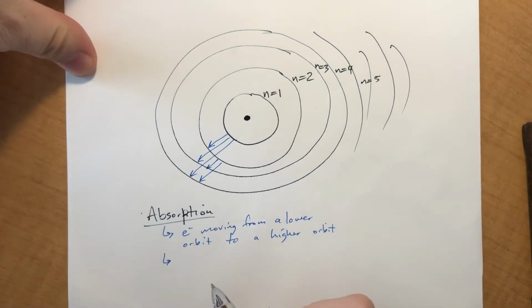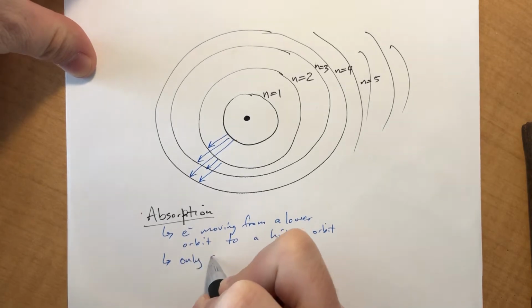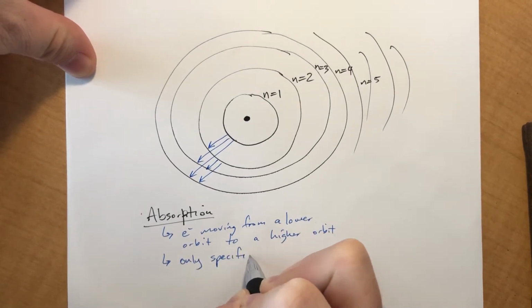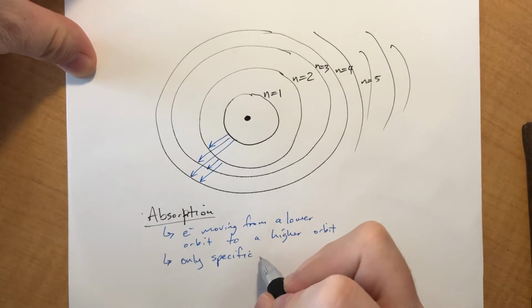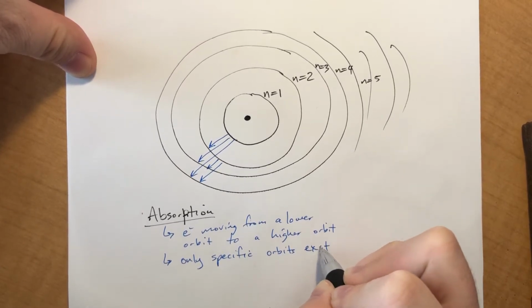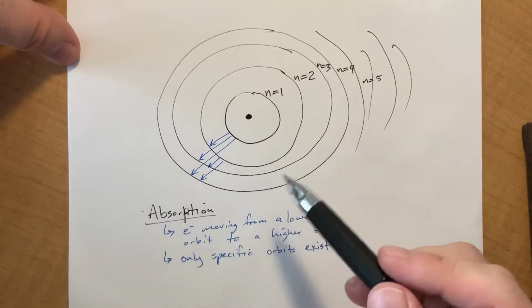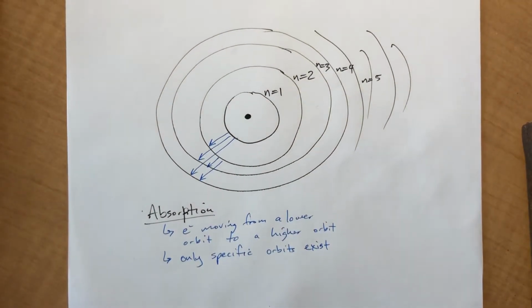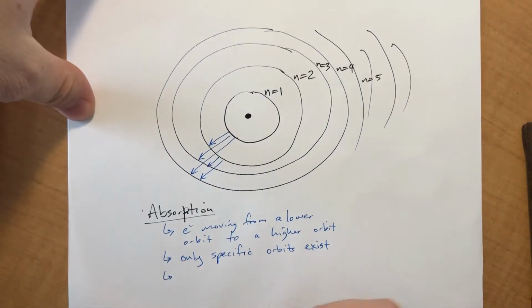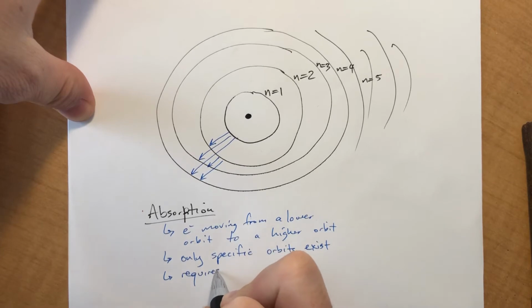Basically only specific values are allowed. Only specific orbits exist. They can't be just anywhere. The universe just happens to line them up, so there are only very, very specific options. And to do this requires energy.